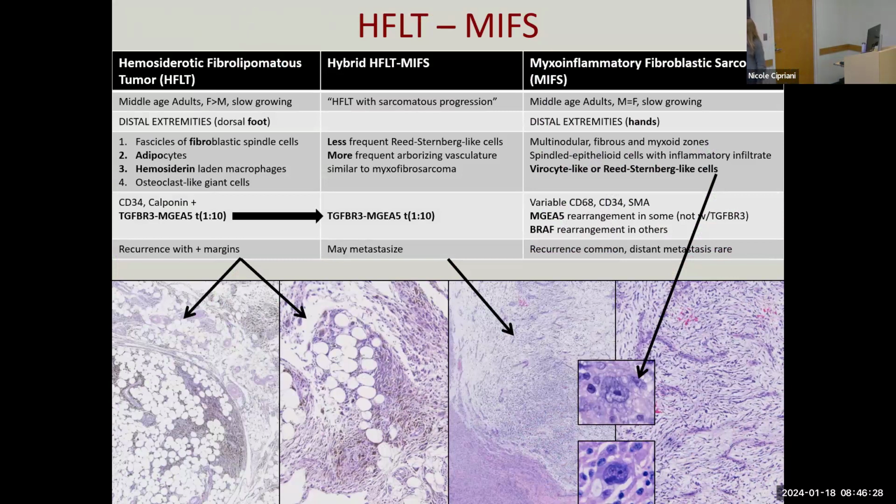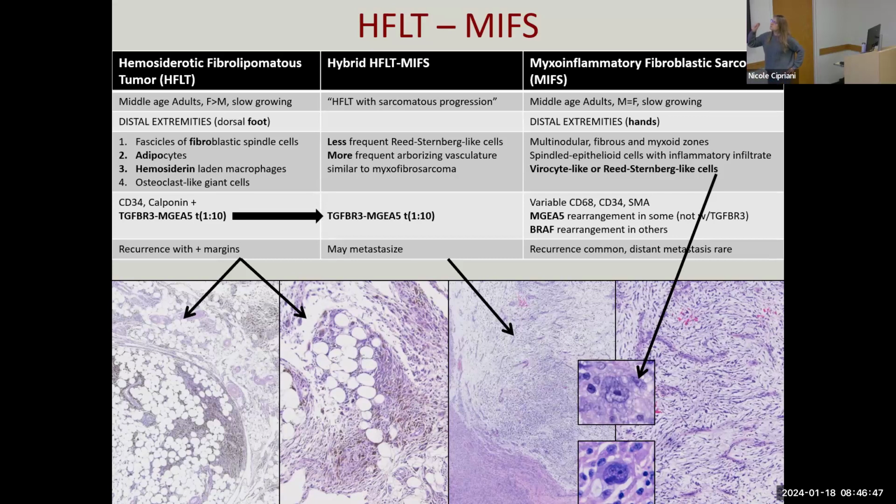You may look at this and say, I don't know, it looks like bloody scar in fat. It's a tumor that has a rearrangement. So if something doesn't make sense and you're in the distal extremities and it looks like bloody scar with fat, think about a hemosiderotic fibrolipomatous tumor.